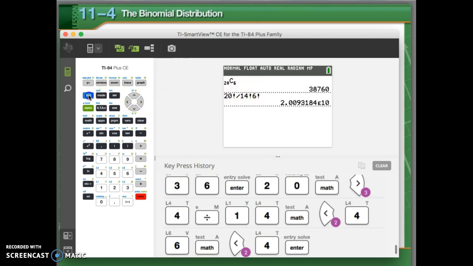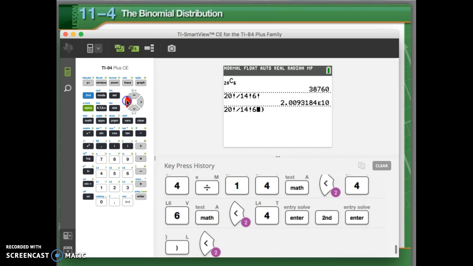I did not use parentheses. I need to use parentheses around my denominator. Now you can see I get the same answer.